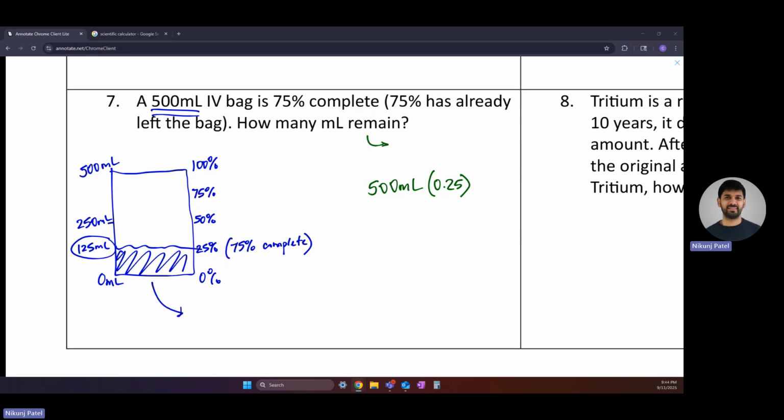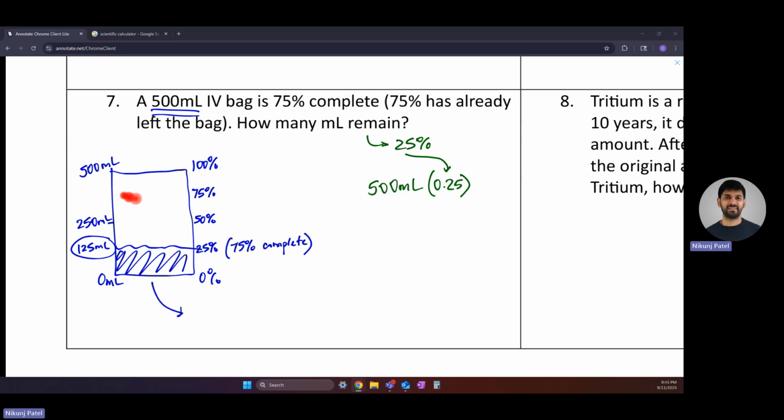Remains means the 25%, and that 25% turns into this decimal right here, 0.25. But this is not always clear unless you have experience with this type of question or you've seen this before. If you haven't, it's probably better understood visually, because oftentimes you might see this and think, oh, 500 times 75%, and you would have put 0.75 right here. Well, that would have led you to the incorrect answer.